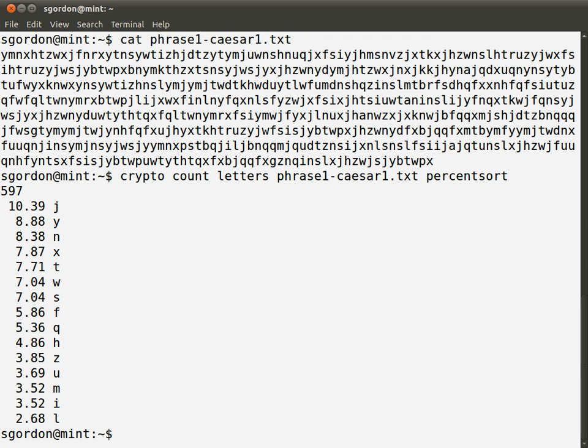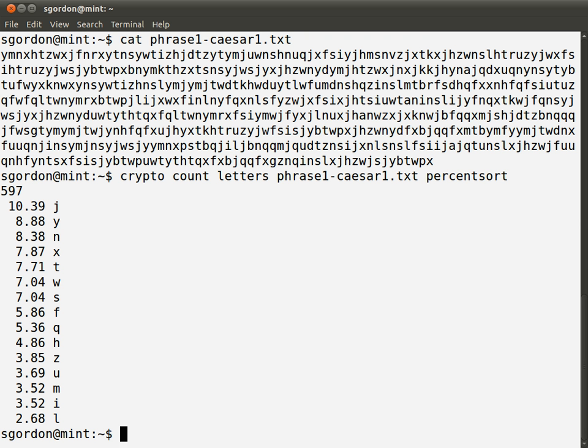What do you think the key is for this Caesar cipher? I'll go back. So here's the ciphertext. The most frequent letters are J, Y, N, and there's more.